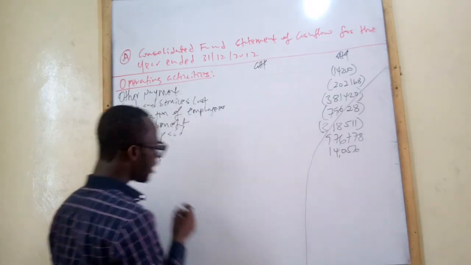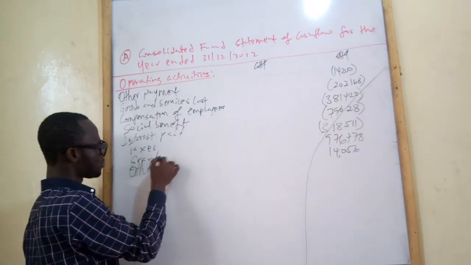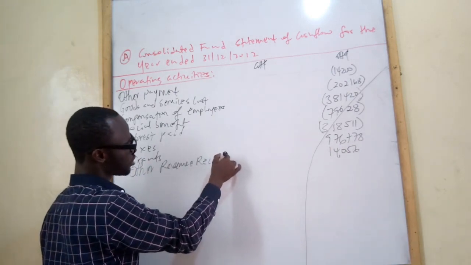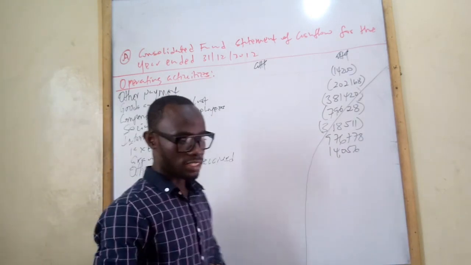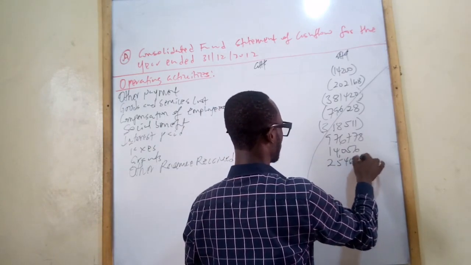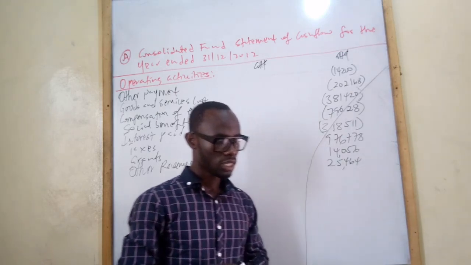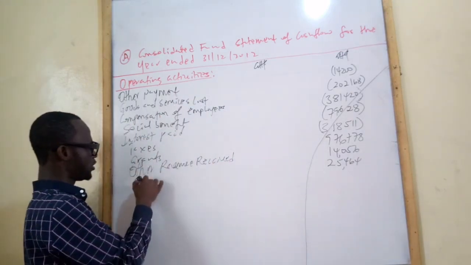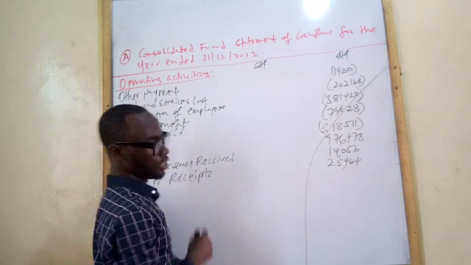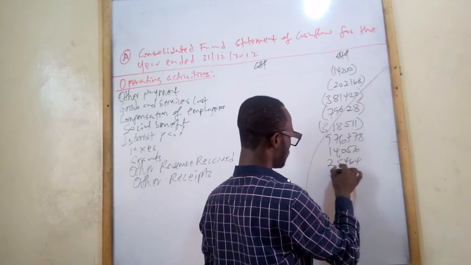Then we see other revenue received, and that is 25,464. Then we have other receipts, and the other receipts there is 53,277.